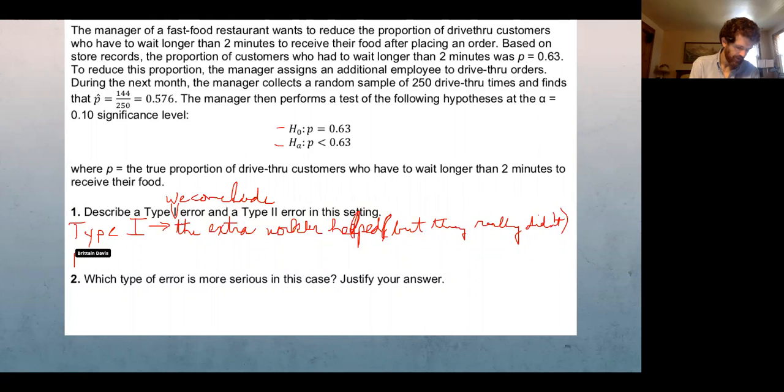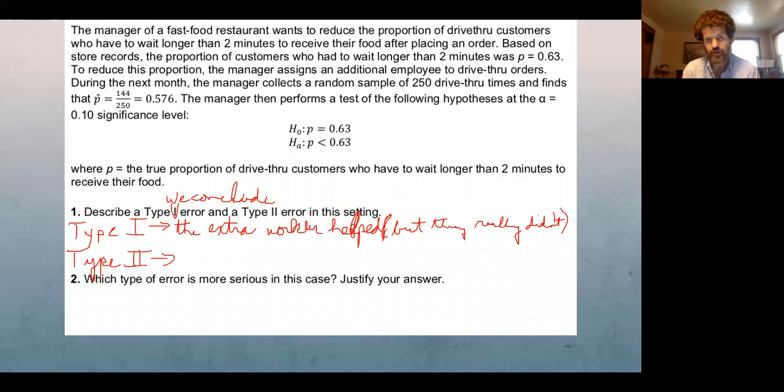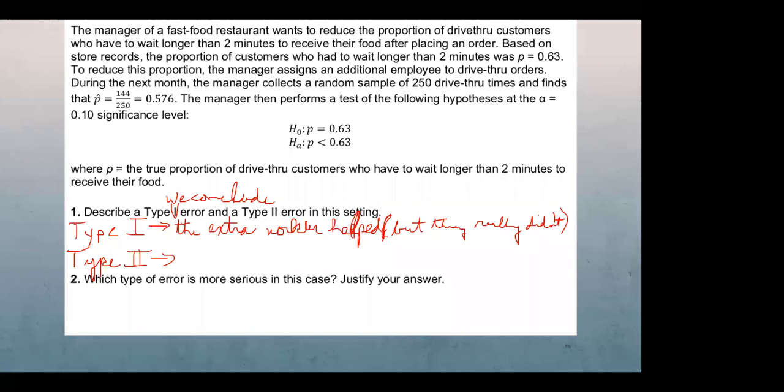All right, now the type 2 error. What would a type 2 error look like in this scenario? Would it be that the extra person did help? Yeah, in reality, they did help, but we conclude what? Oh, that it brings the times down?